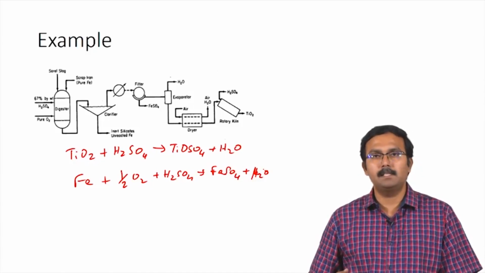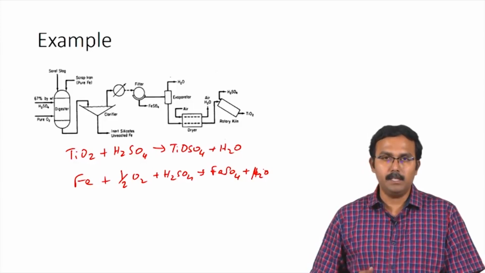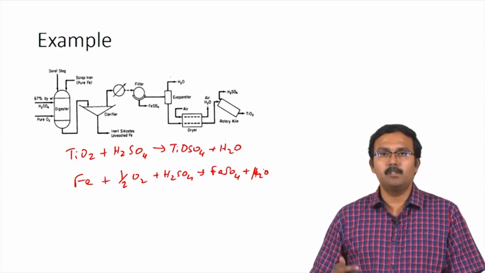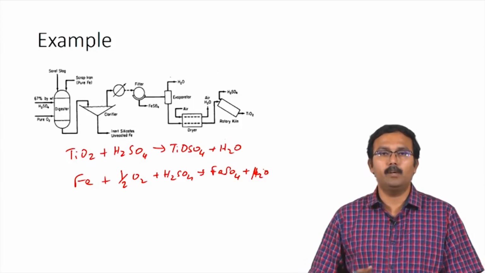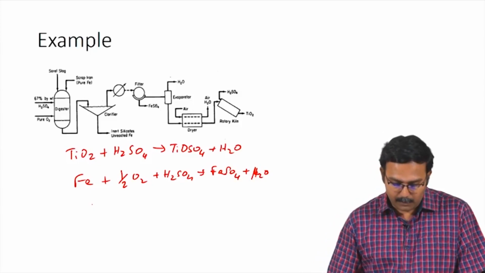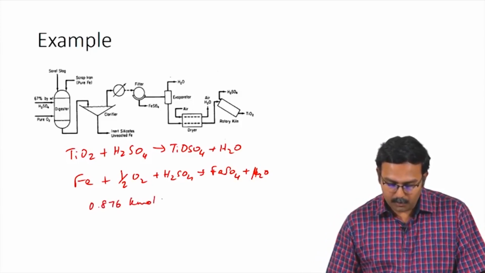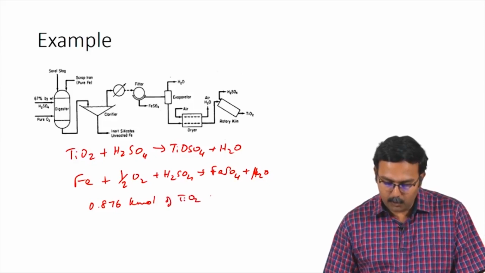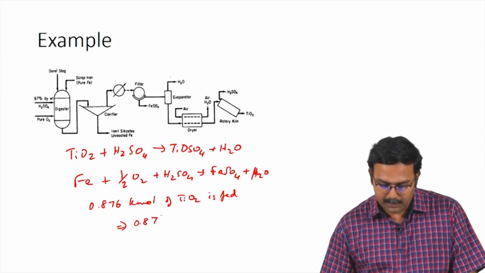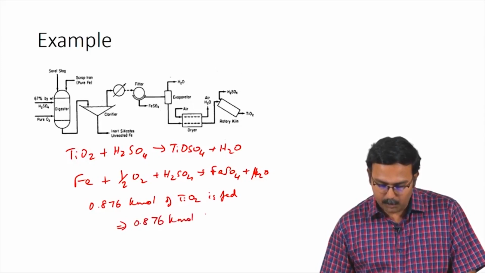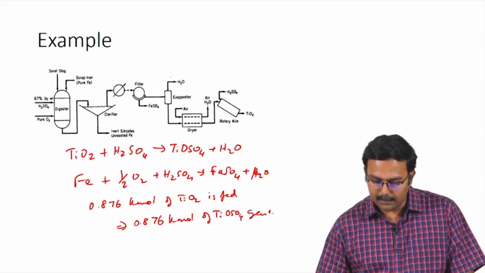The problem statement tells us that both these reactions go to completion in the digester. This means the number of moles of TiOSO4 formed would be equal to the number of moles of TiO2 which is fed. So, 0.876 kilomoles of TiO2 is fed. This implies 0.876 kilomoles of TiOSO4 is generated.